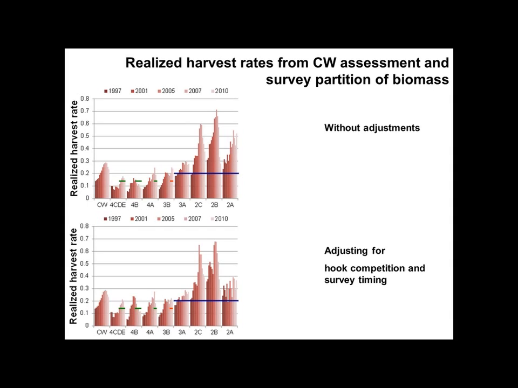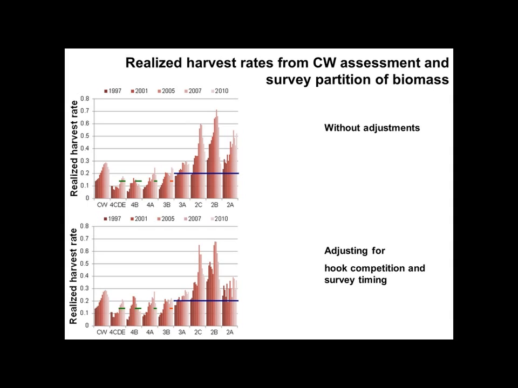Yeah, I have a question, Ms. Phillip. Yep. Without adjustments, and adjusting for hook competition and survey timing, I don't understand as far as the stock is concerned, and the big reductions or cuts that are recommended right now: without the adjustments, would the cuts be less or more than staff recommendations right now?